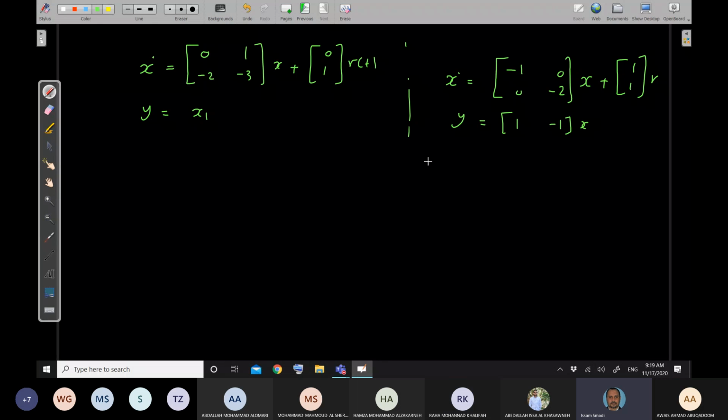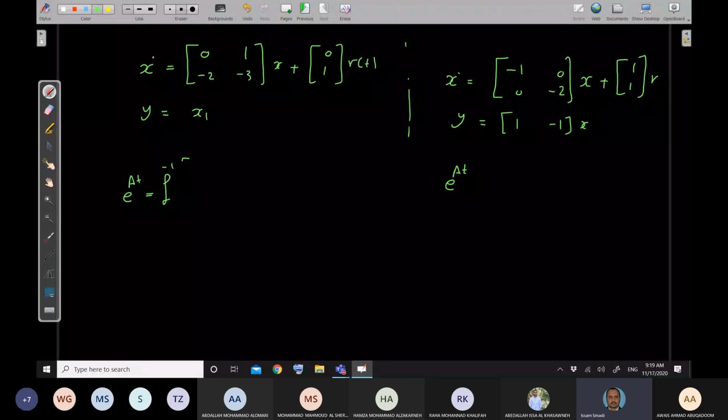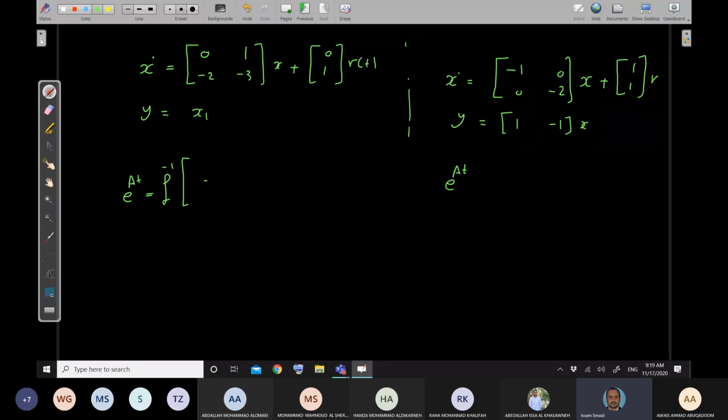Now, who can calculate the exponential of AT? It will equal the Laplace inverse of (SI minus A) inverse. So the first thing, let's find (SI minus A) inverse. This will be the matrix with S, minus 1, 2, S plus 3, inverse.